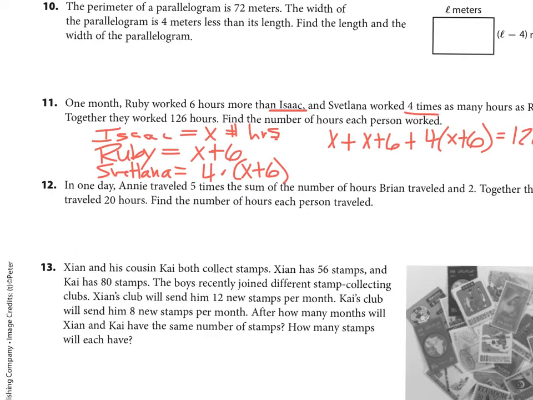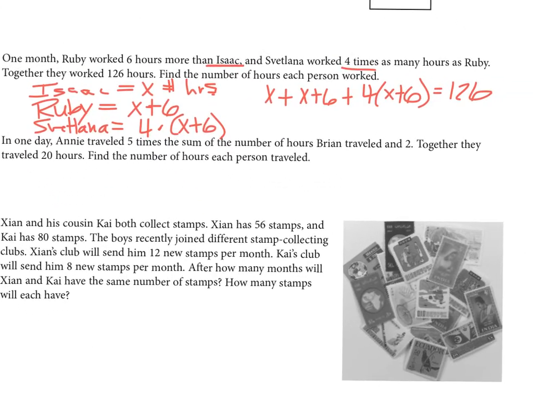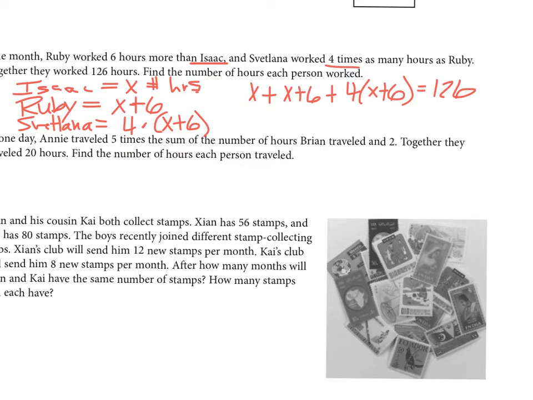So I do have to solve this one. I'm going to work this equation out. I do distributive property here. So I get x plus 6 plus 4x plus 24 equals 126. Look for my like terms. Those are like terms.